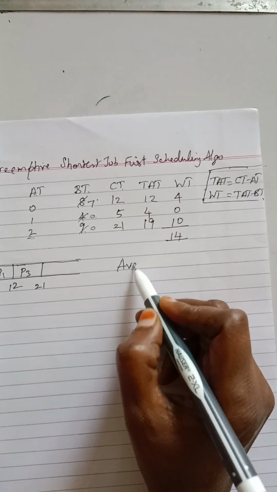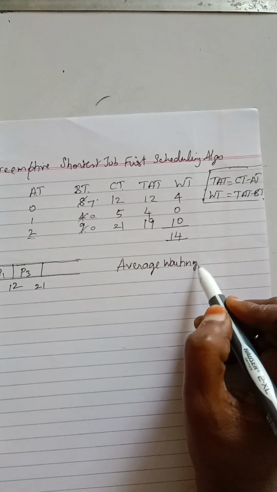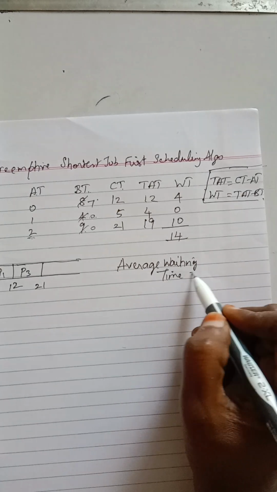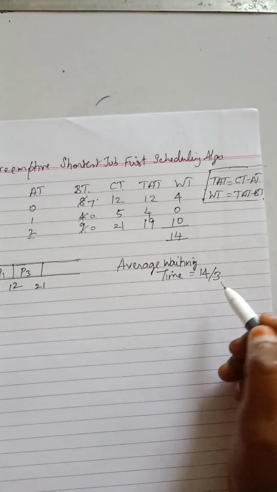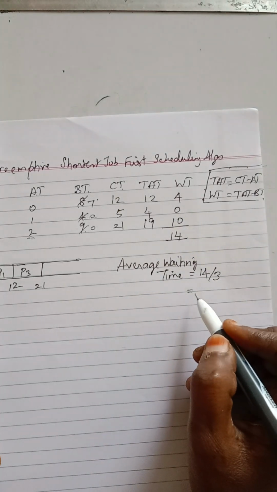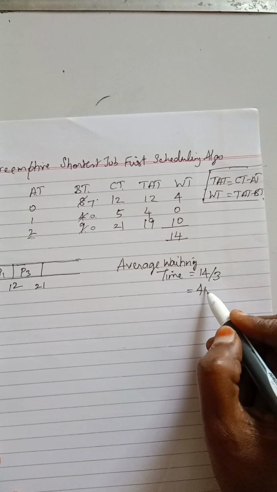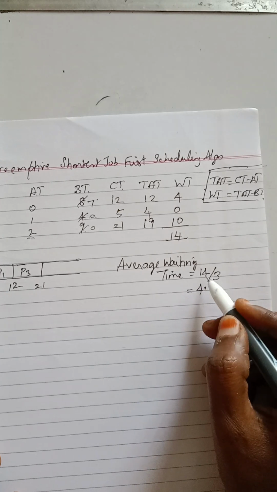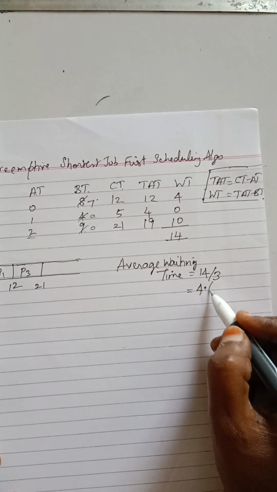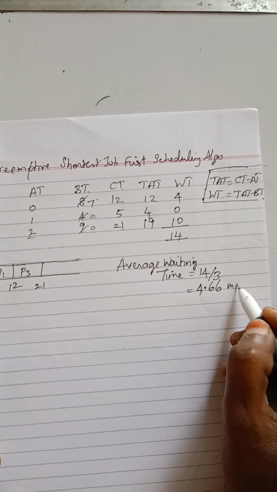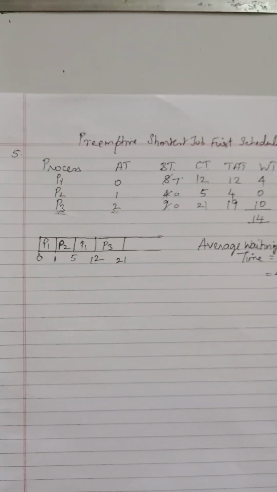The average waiting time is 14 by 3. 3 fours are 12, remainder 2, and then 20, 26, 36, 18. So it is 4.66. The average waiting time is 4.66 milliseconds. So this is the answer.